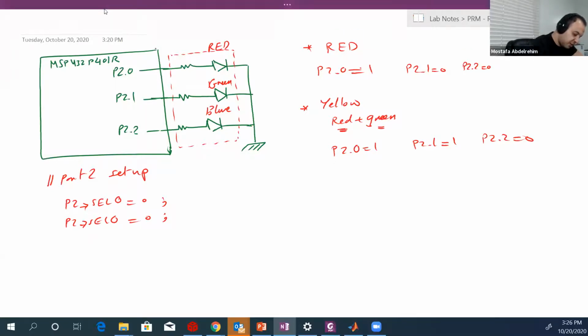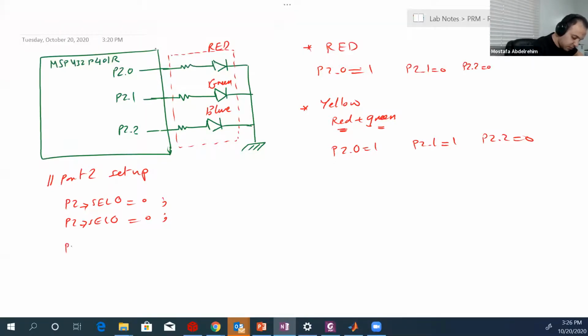The second step here is the direction. So the direction you want something like this. Let's add a comment: you want the direction register to have this number. So this is 7.